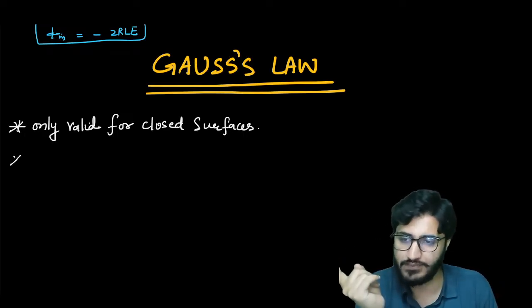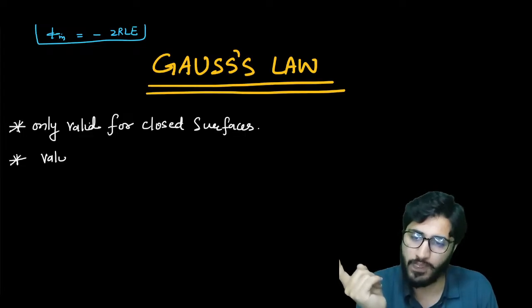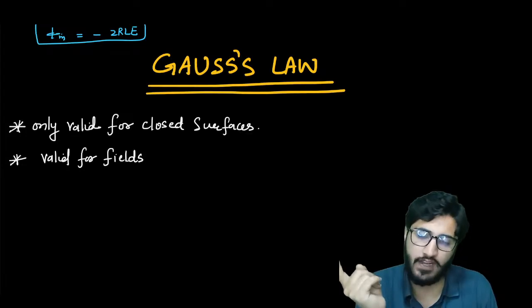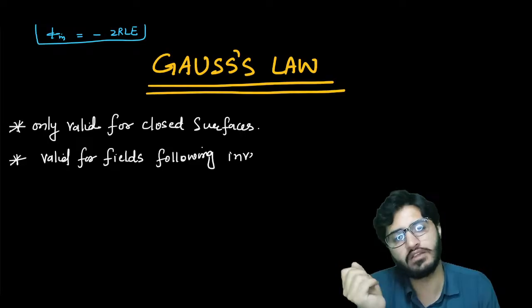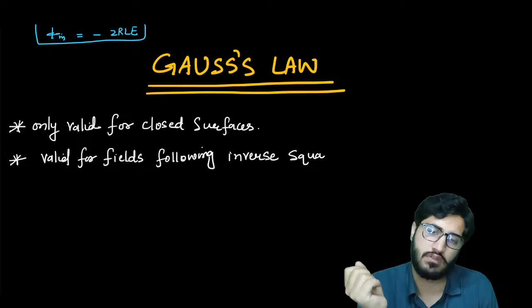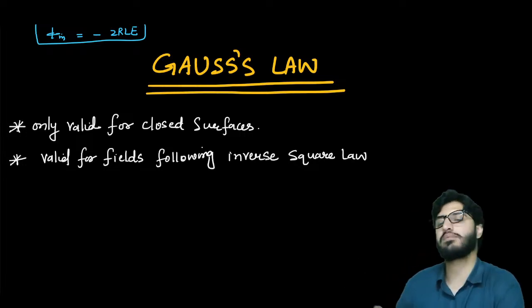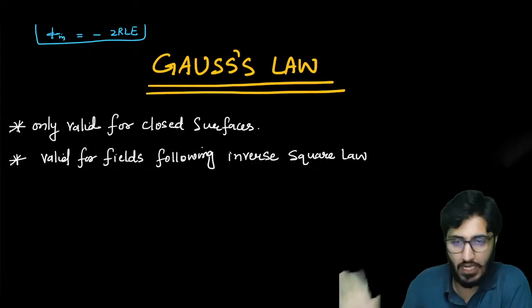Second point for Gauss's law: it is valid for fields following the inverse square law. That means we can apply Gauss's law anywhere we have the inverse square law.